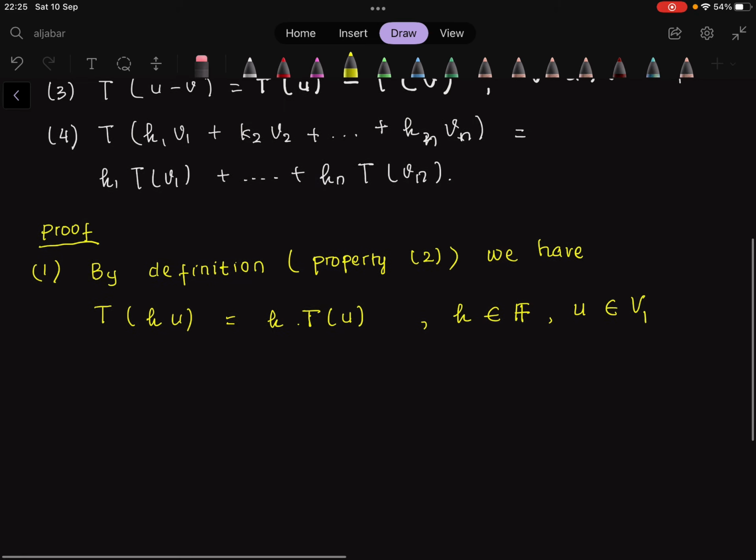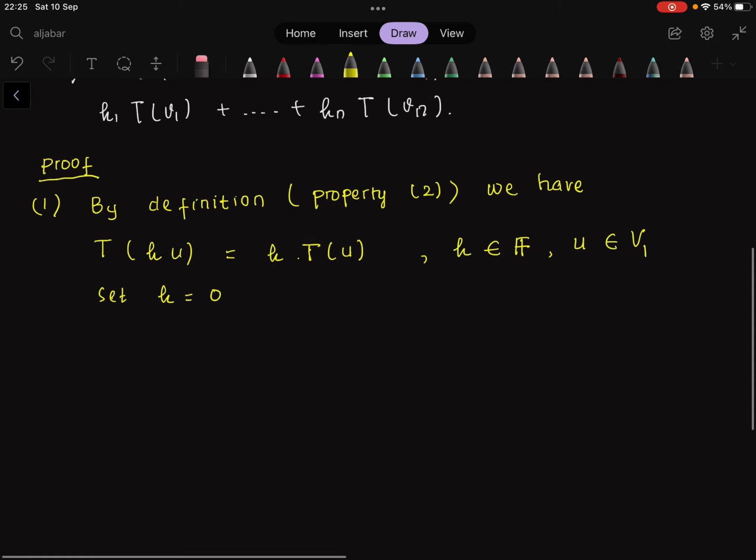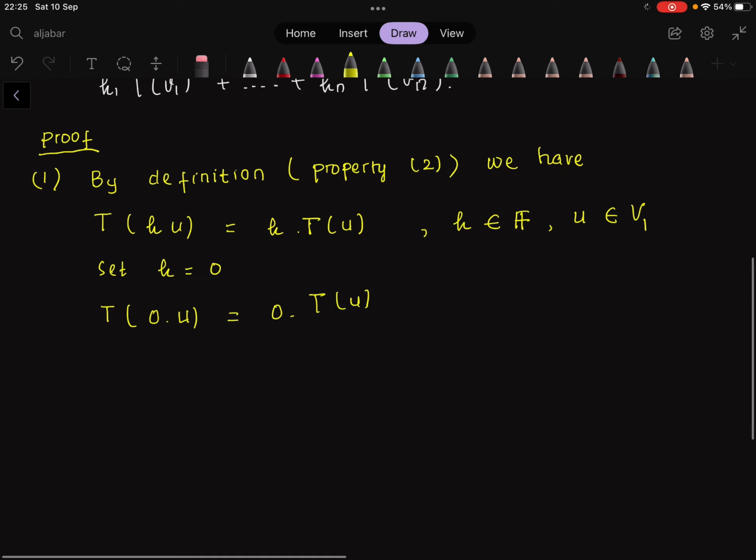And then we set k equal to 0, because k is any scalar. Then T(0 times u) is equal to 0 times T(u), and we know that this is 0.